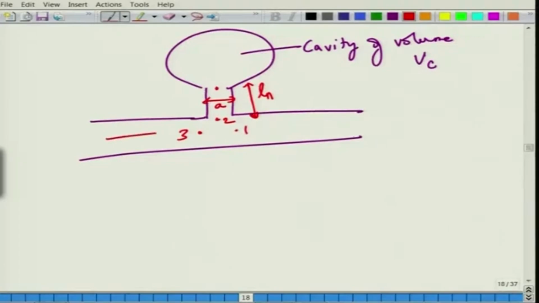So, the wave goes from here to here, and you would like to relate what happens to the state variables.